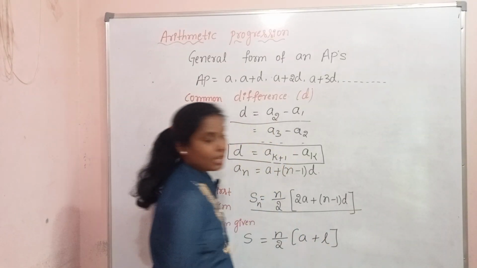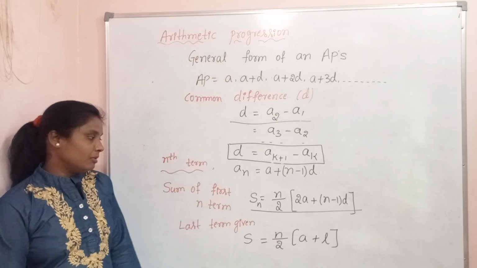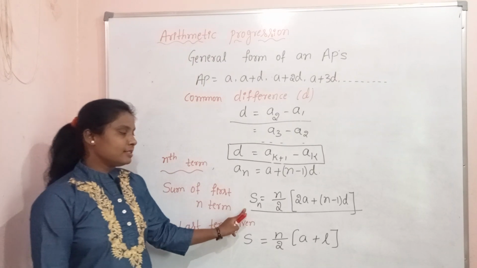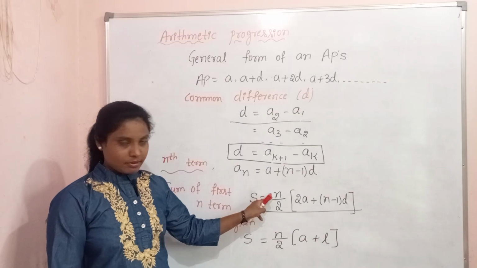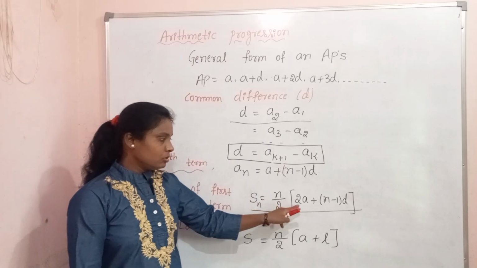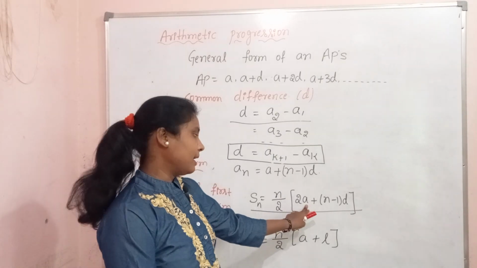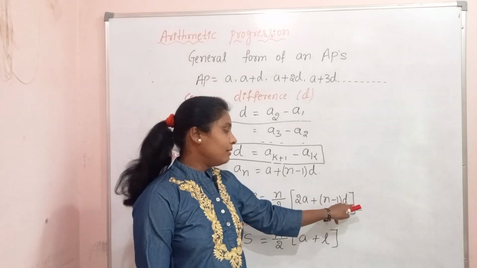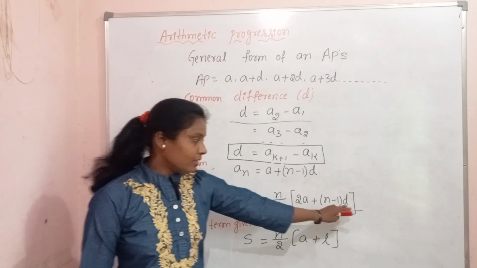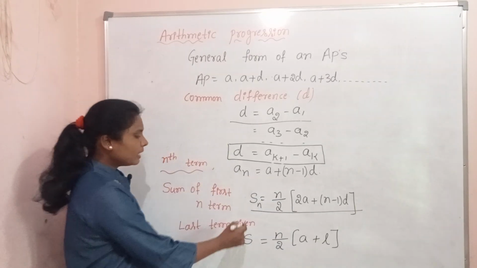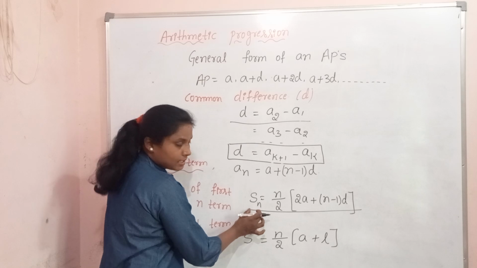That time we apply this formula. So S10 is equal to n by 2, that is 10 by 2, times 2 into the first term given in the AP, plus n minus 1, where n is 10, into the common difference, which you get from the AP. Then you obviously get the sum.